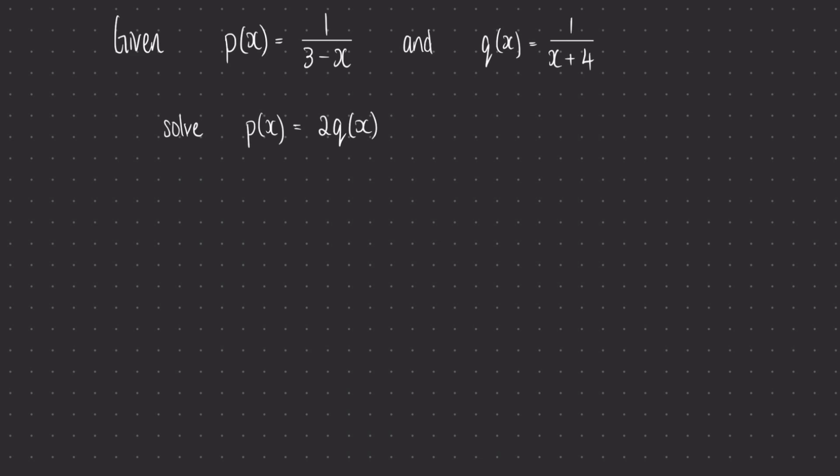In this case, we have 2 functions defined for us, p of x and q of x. The question asks us to solve the equation p of x equals 2 times q of x. For p of x then, I can just replace that with the function. On the right-hand side, I'm multiplying q of x by 2, so I'm going to do 2 times q of x, replacing the q of x with the fraction 1 over x plus 4.